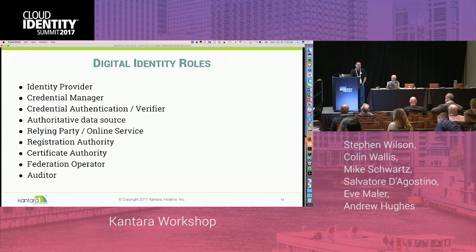So back to the identity roles. I'm assuming, I hope, that these identity roles, some of them or all of them, are reasonably familiar to you. Right? They're fairly standard.